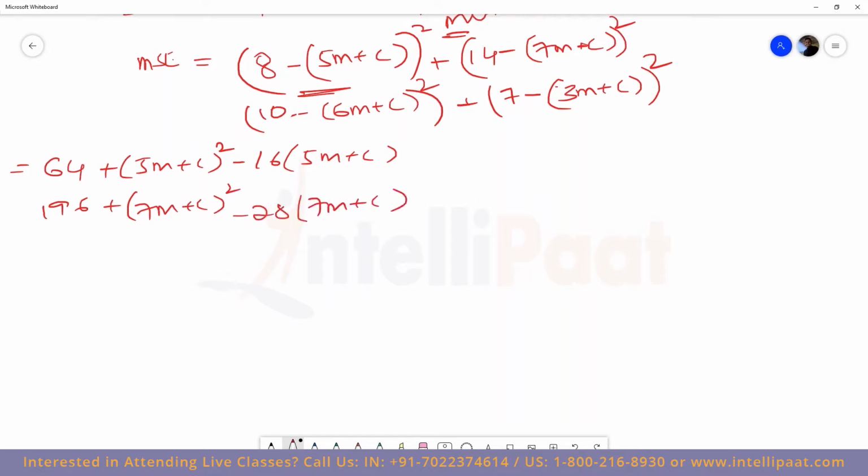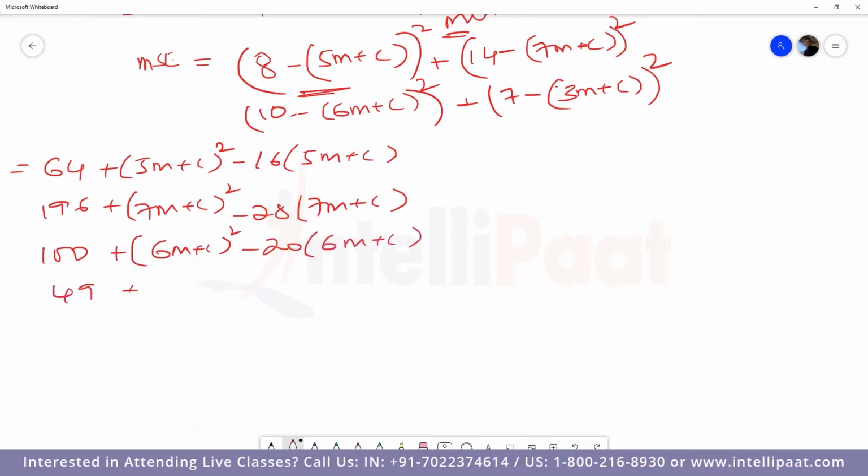For the third data point, 100 plus 6m plus c the whole square minus 20 times 6m plus c. Last but not the least, 49 plus 3m plus c the whole square minus 14 times 3m plus c. Sorry, you're not going to get the square on the last one, just the 3m plus c over there.